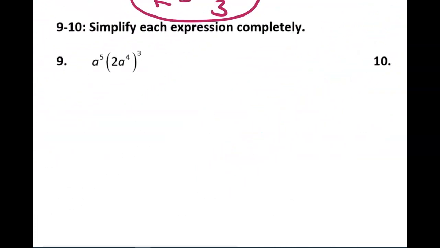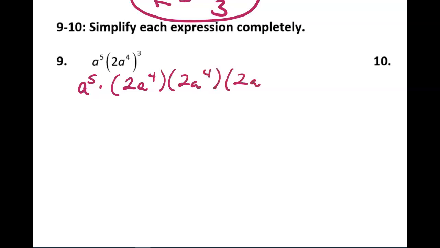All right, in number 9, this is an expression where you have to do the exponentiation first. So if you want to think about what the exponentiation means, that's 2a to the fourth times 2a to the fourth times 2a to the fourth. Now remember, I'm not necessarily going to write it out, but that a to the fourth is a times a times a times a.